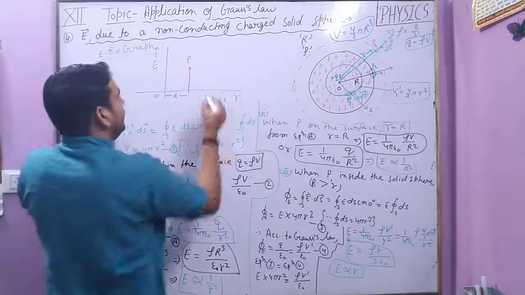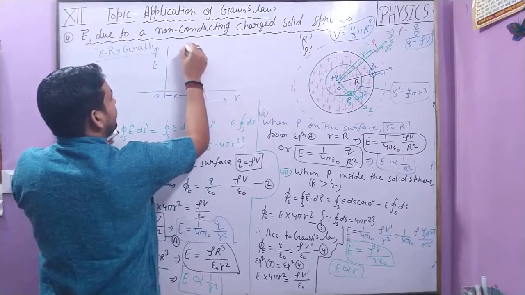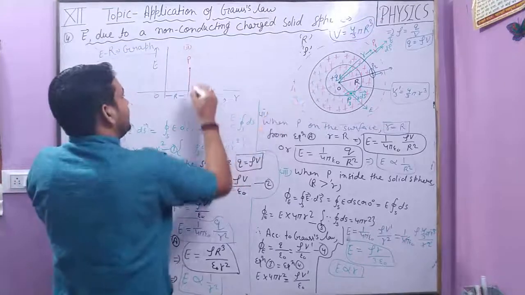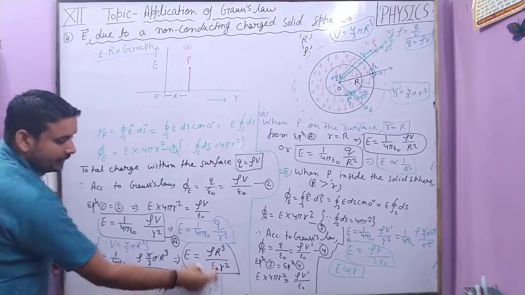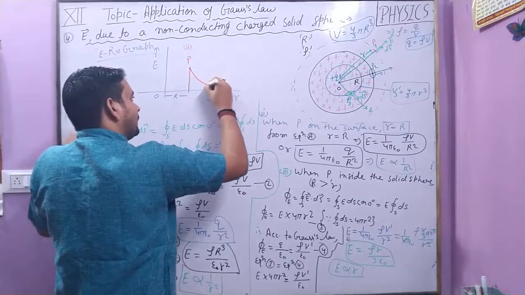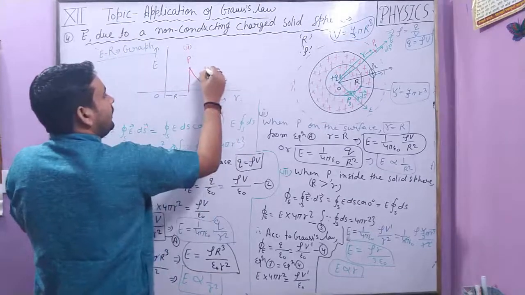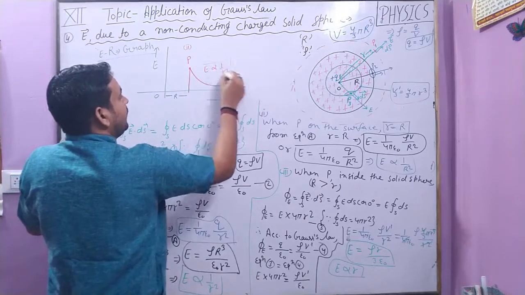As you understood, again at this point, second case. First we take the first case. We observe here for the first case the value of electric field is inversely proportional to R square, that is E is inversely proportional to R square.